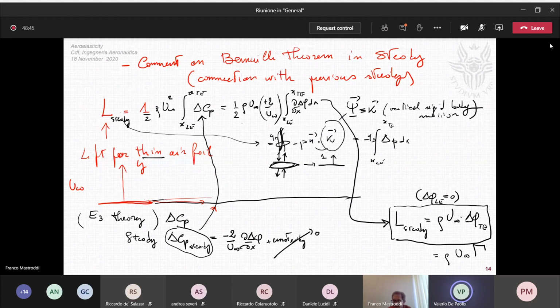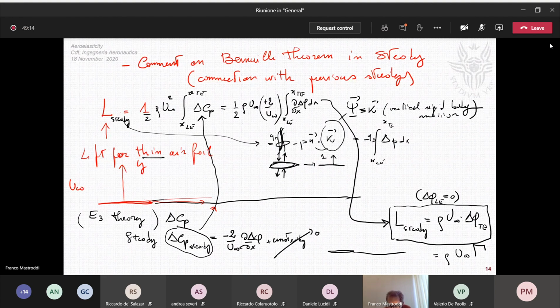Yes, the Kutta-Joukowski theorem. Just to remark that the Joukowski theorem is valid in steady case, and the role of the circulation is delta phi. But it's obvious that this is gamma.